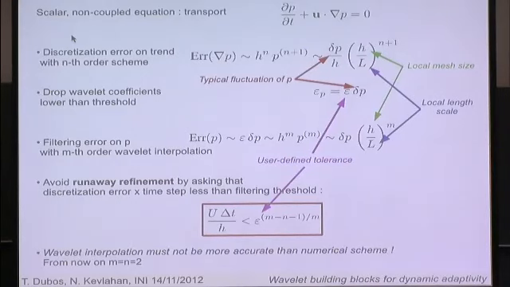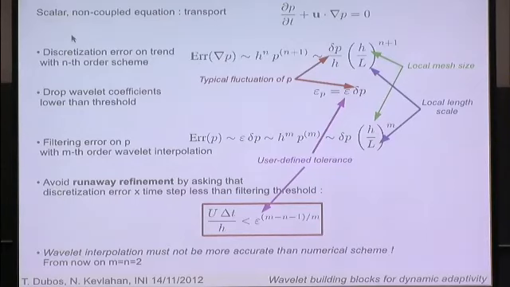Okay, so I can estimate the error I'm making on my gradient, so that will depend on a certain derivative of the solution and the local mesh size. And the n here depends on the accuracy of my numerical scheme.